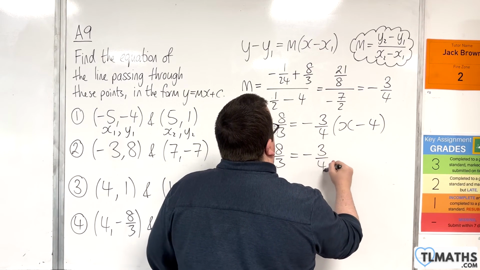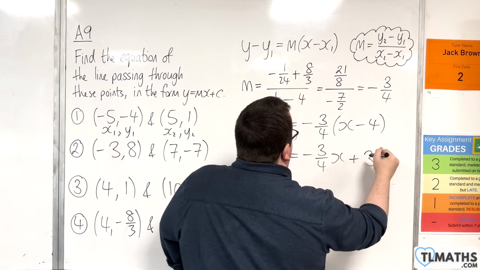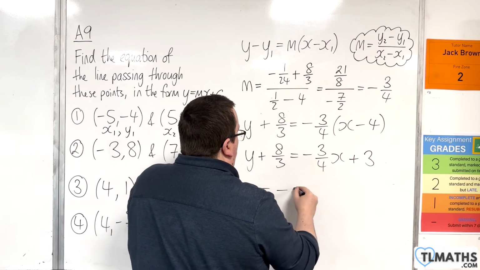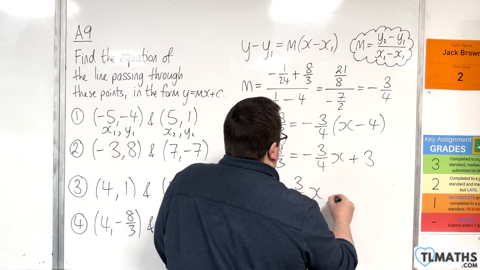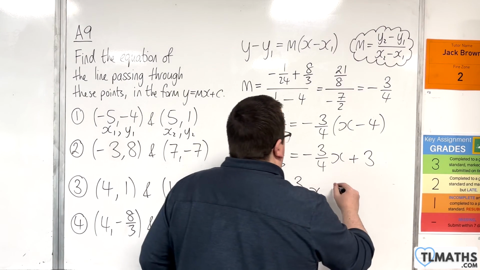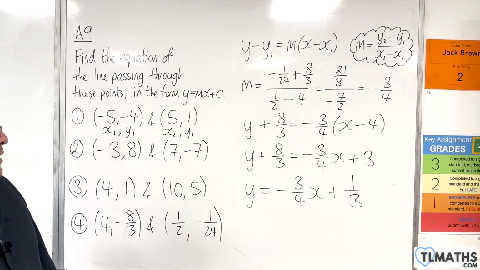So minus 3/4 x. Minus 3/4 times minus 4 is plus 3. And then we need to subtract 8/3 from both sides. So 3 take away 8/3 is plus 1/3. And so that's the equation of my line.